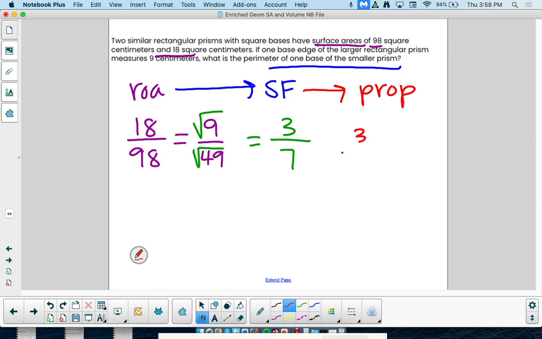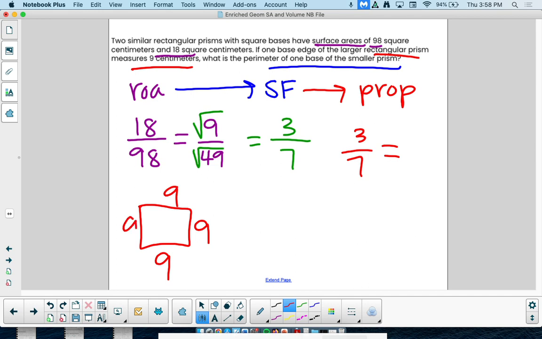So we're going to have 3 over 7 equals. But now what does it equal? Do I know the perimeter of my bigger prism? I don't, but I do know that the larger rectangular prism has a base edge of 9. So if there's 9 on one and it's a square base, what's the perimeter of this larger one? 9 plus 9 plus 9 plus 9 is 36.